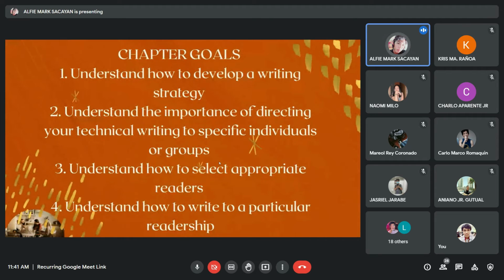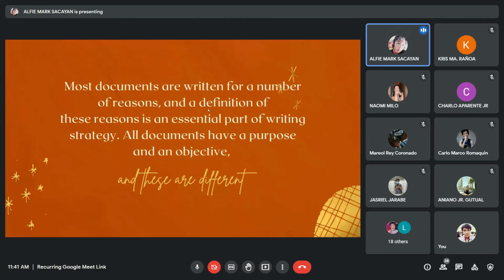As you can see in the chapter goals, from the previous reporter, we saw that 3 and 4 were already discussed. We are going to understand how to select appropriate readers and understand how to write for a particular readership. So this time, we can address the chapter goals: understand how to develop a writing strategy and understand the importance of directing.